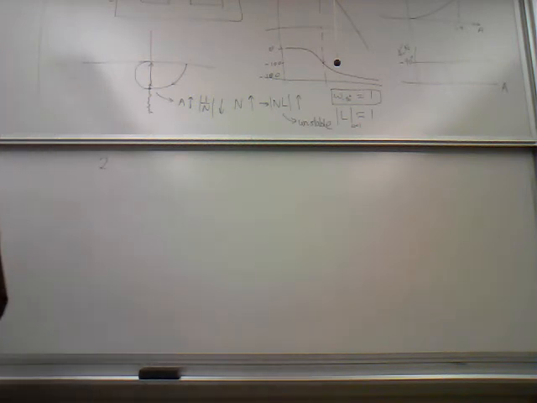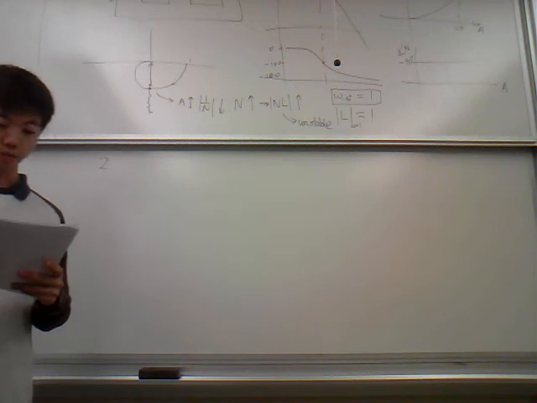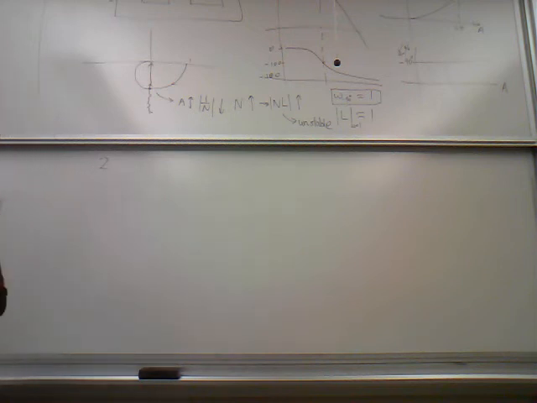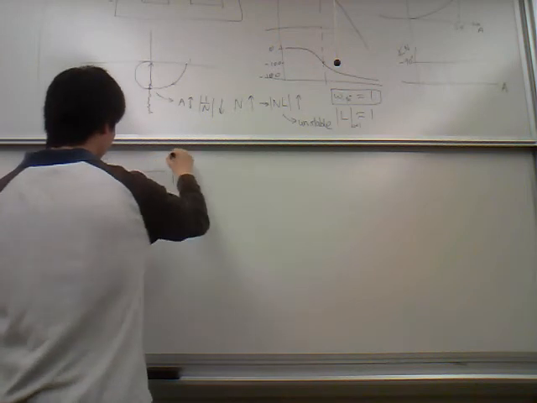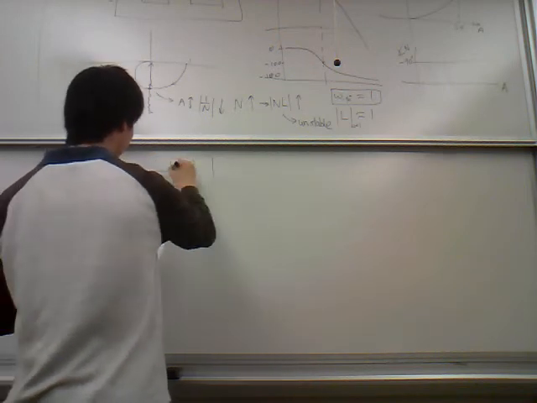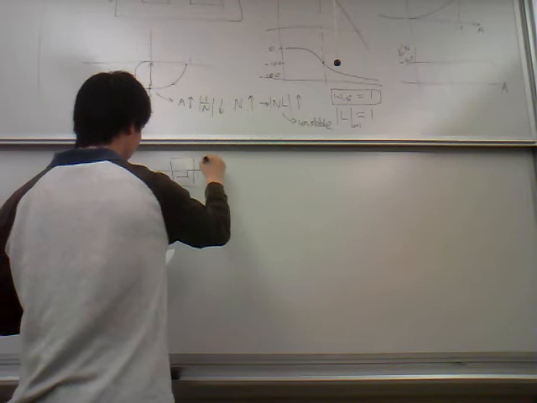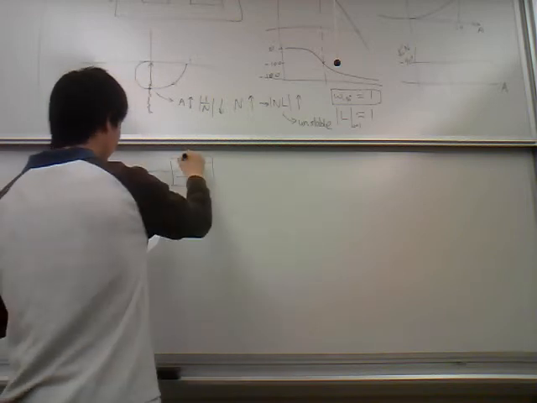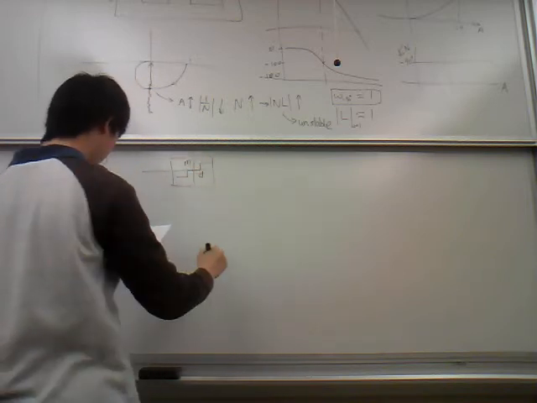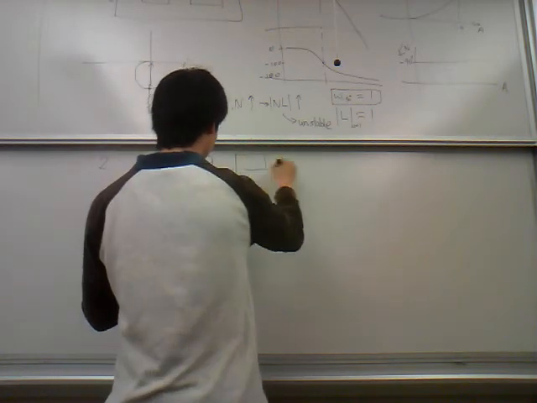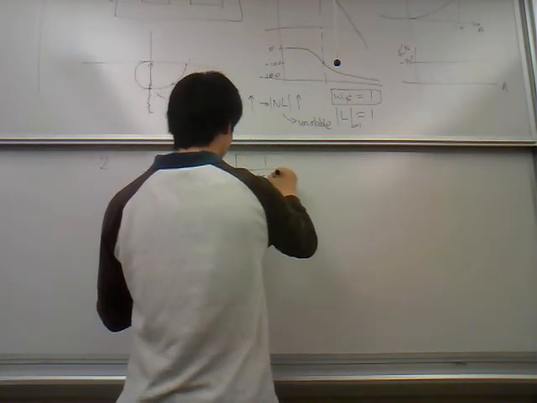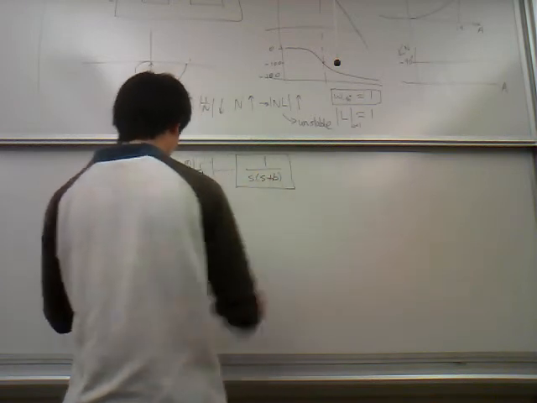Number 2 says, consider the closed loop system, and it represents a bang-off-bang control. So we have a closed loop system with a dead band. And our G of s is 1 over s(s plus b).